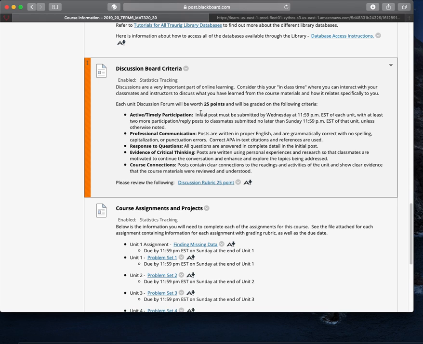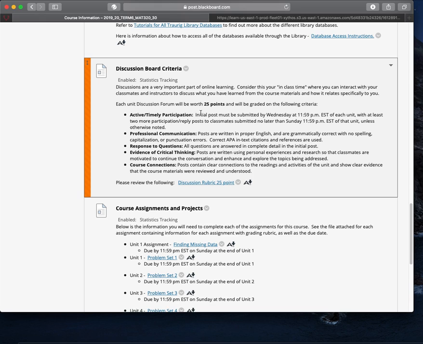The third one is response to questions, meaning did you answer the questions in this scenario? Some of which contain multiple questions, so please do bear that in mind. The evidence of critical thinking is that the posts are written using either personal experiences or research so that classmates are motivated to continue the conversation and enhance and explore the topics being addressed. That will also include, for example, is your answer correct?